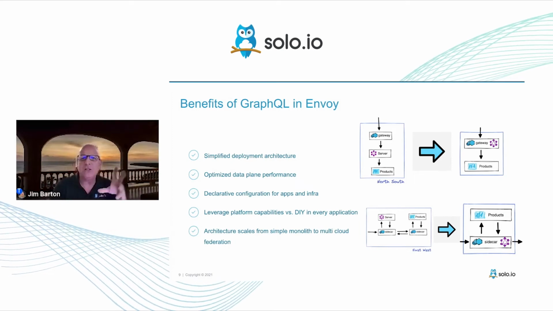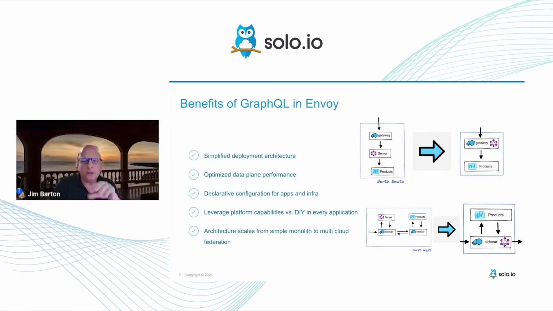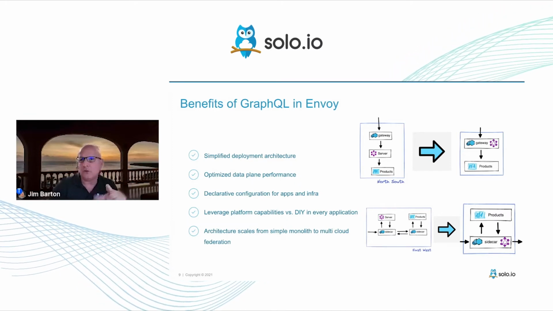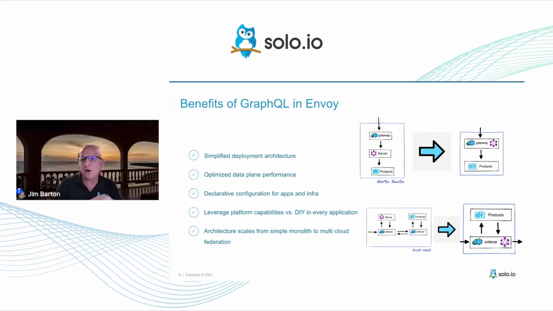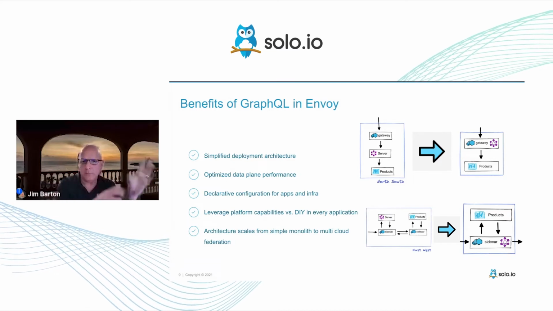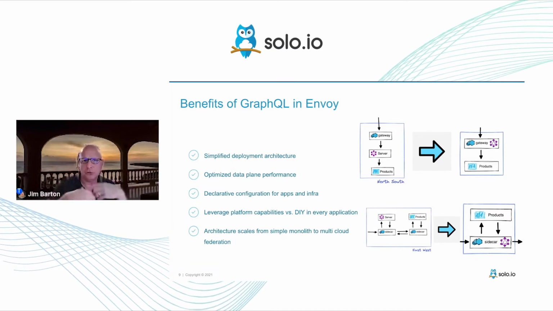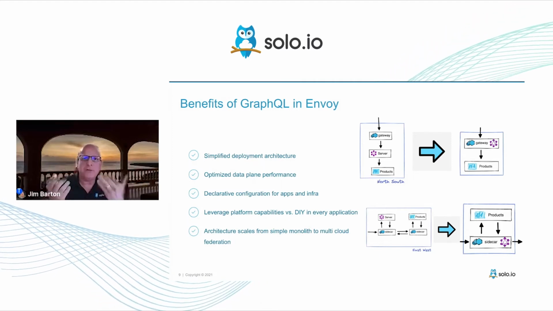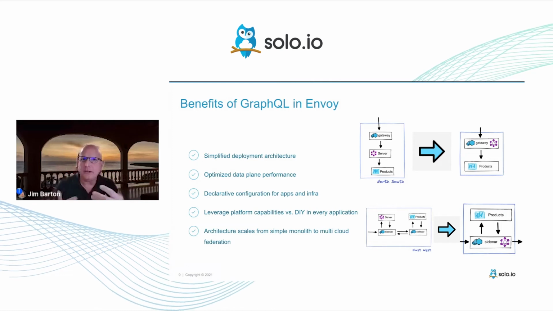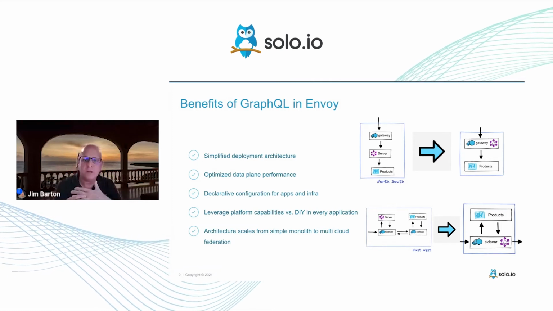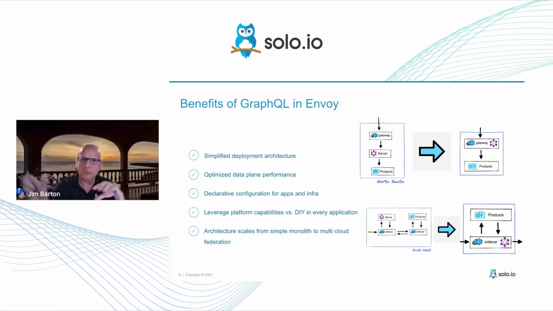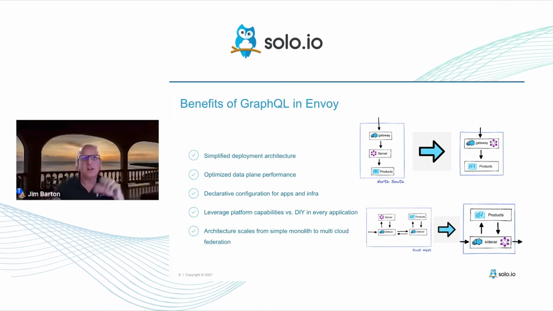It also leads to some really important considerations like declarative configuration for your apps and your infrastructure. So one of the features of Glue Gateway, both Glue Edge and Glue Mesh, the Glue Gateway component, is that it features declarative configuration as Kubernetes custom resources. So you can specify, hey, here's what I want a virtual service to look like. Here's what I want a route table to look like. Here's what I want a security policy to look like.